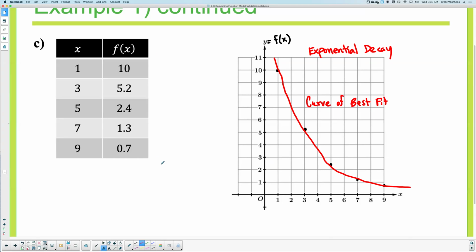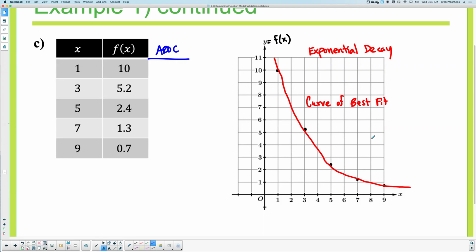So what will be true about the AROC if we examine the AROC? That should be decreasing. It should be decreasing because it's concave down, good, but there's something else that's going to be true. Is it going to be decreasing by the same amount like quadratic's supposed to be?